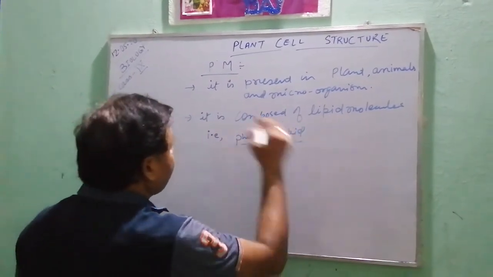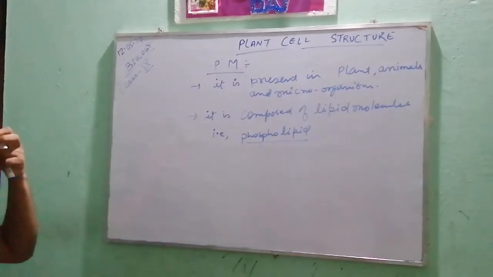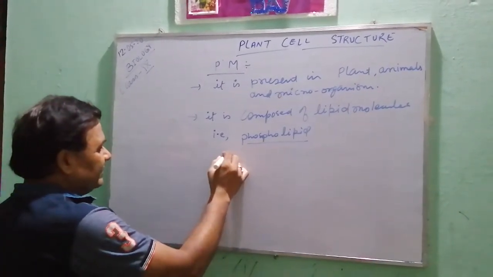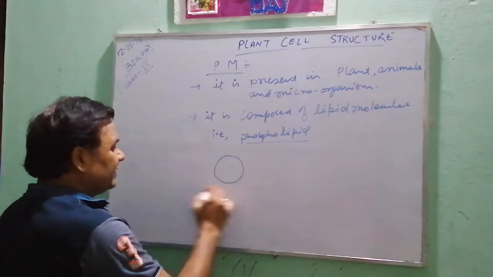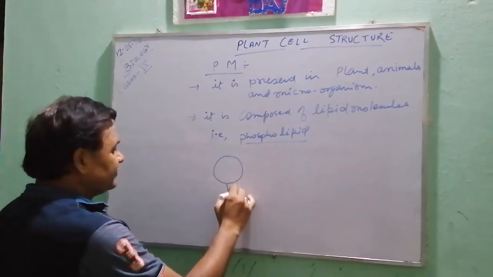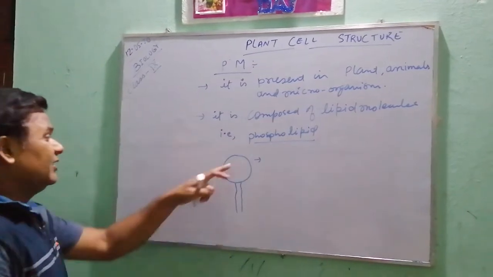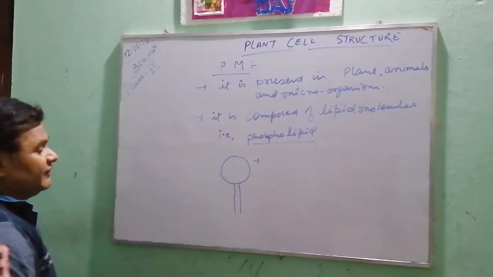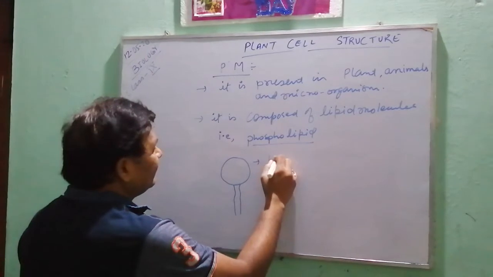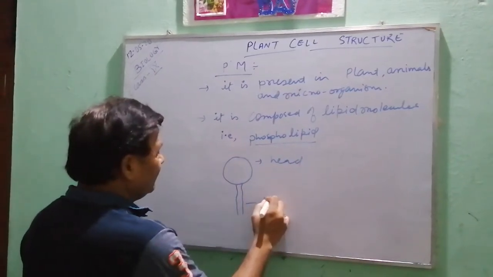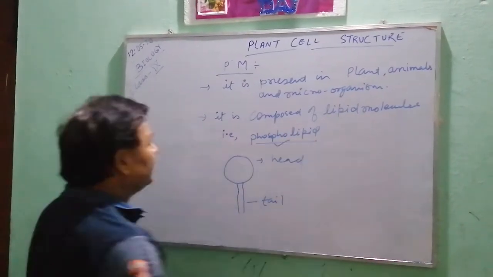The basic structure is this. This one is the head of the phospholipid, and this one is the tail of the phospholipid.